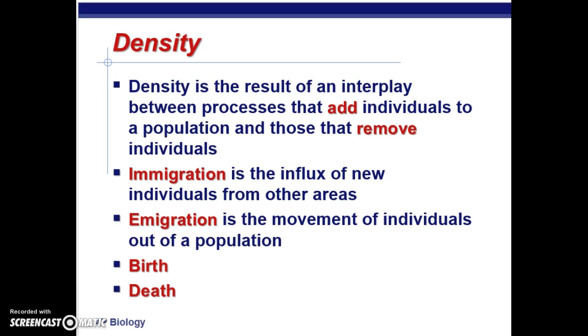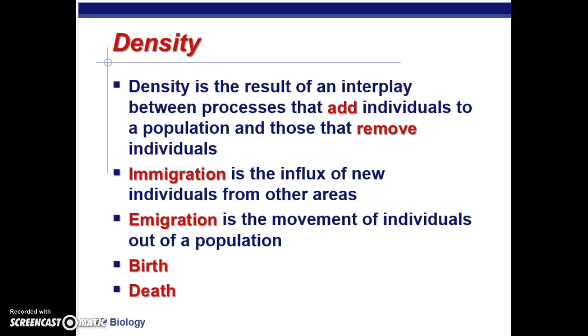Now, density is the result of an interplay between the processes that add individuals to a population and whatever is influencing or causing individuals to be removed. So there are 4 different ways that this can occur.